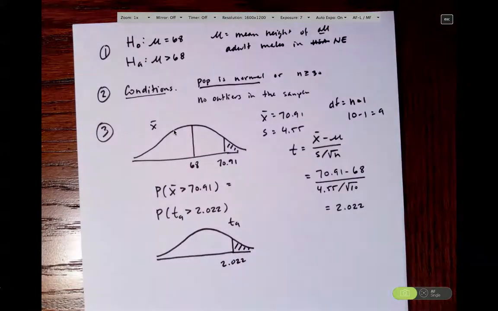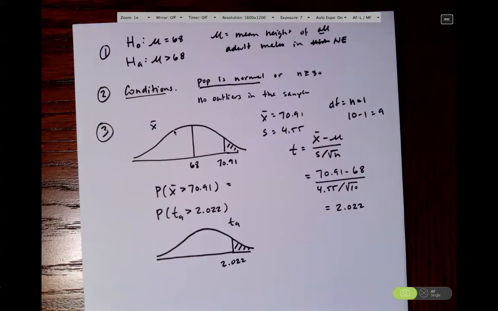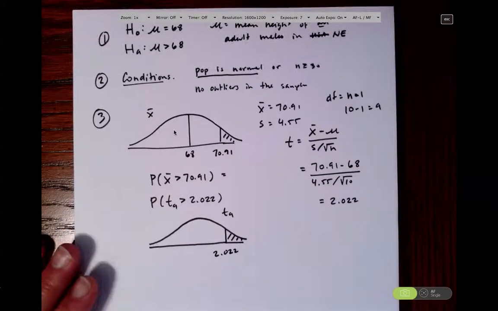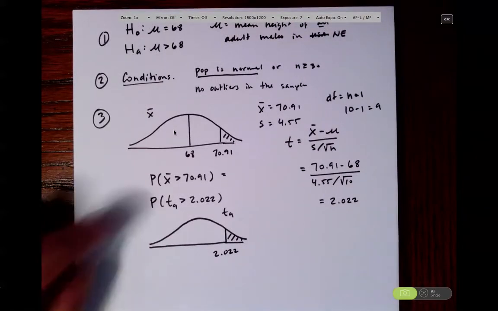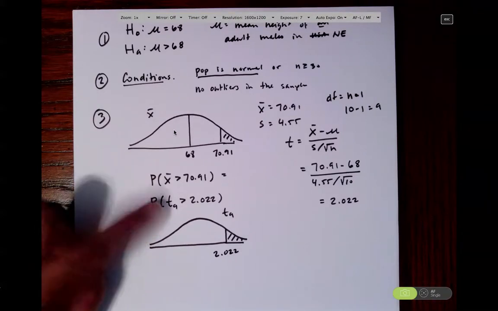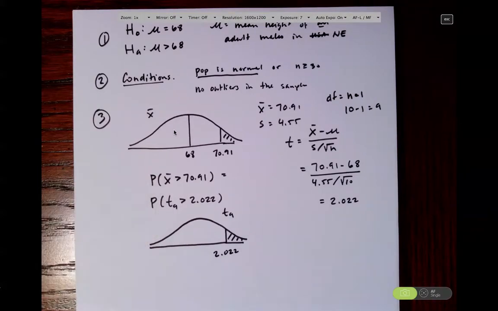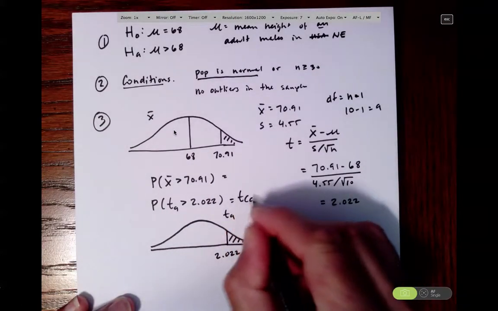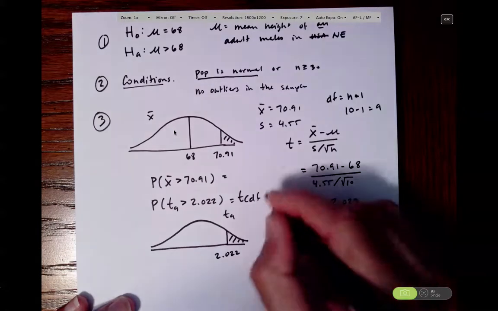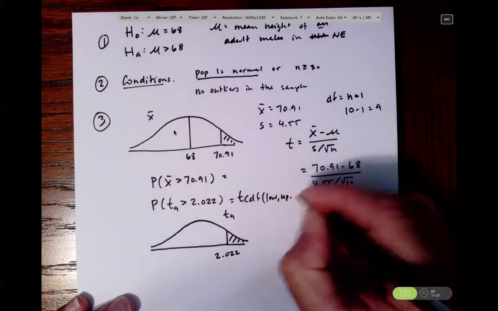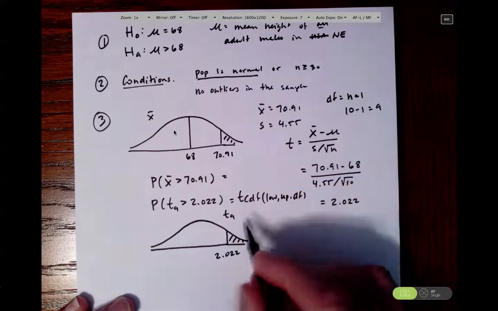Now, if this was a normal distribution, we could just use normal CDF. Your calculator is really set up to do this as well. To calculate the probability of getting a t statistic that is 2.022 or higher with 9 degrees of freedom, the command is tcdf, and then all we have to do is put in the lower value, the upper value, and the degree of freedom.